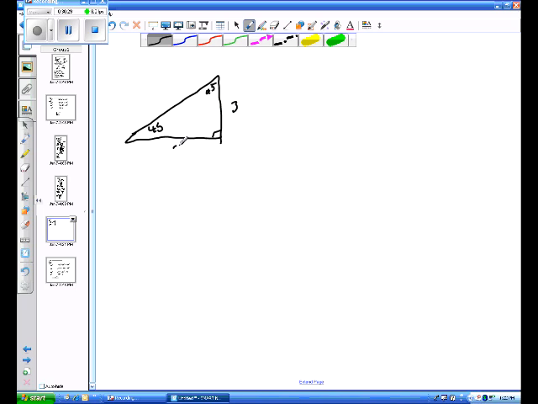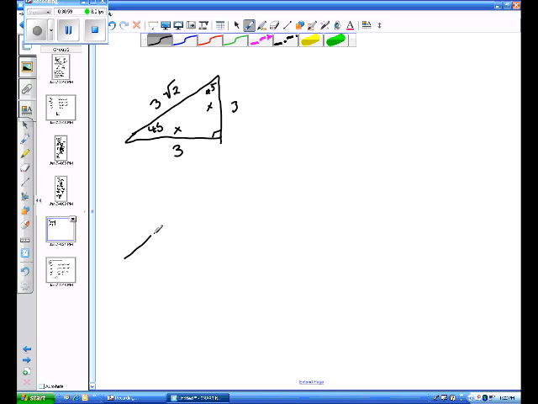Well, we know then that this other side is 3 because they have the same length, or we could have labeled it x, x, and the hypotenuse is the side times the square root of 2. And so we've got this side then is going to be 3 square roots of 2. It will be whatever your side was times the square root of 2.